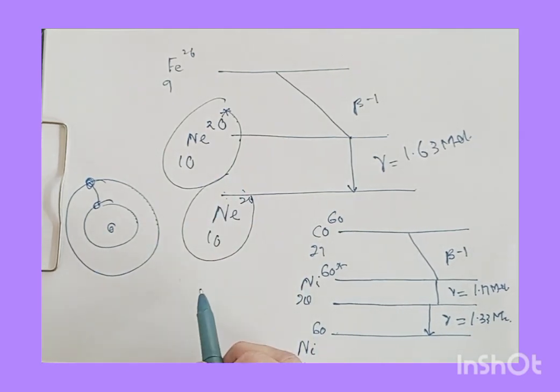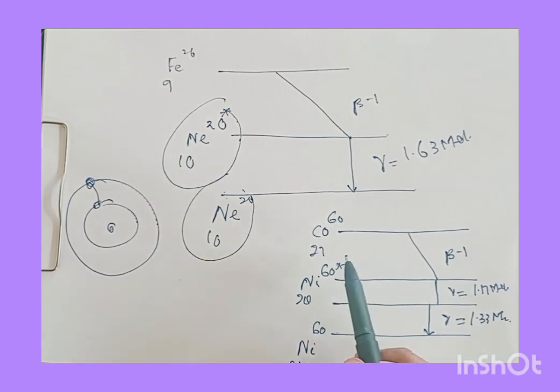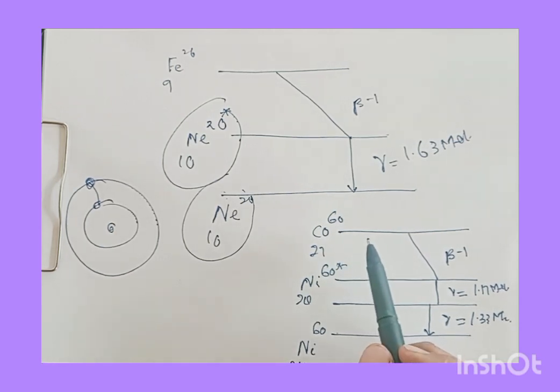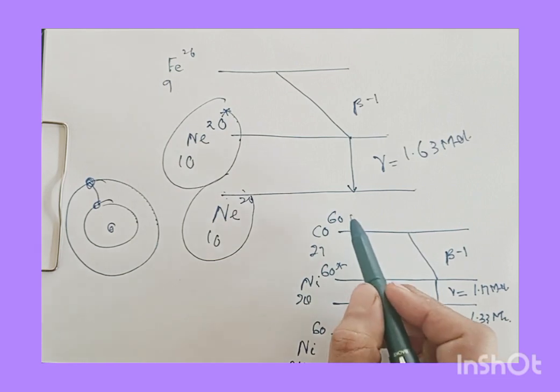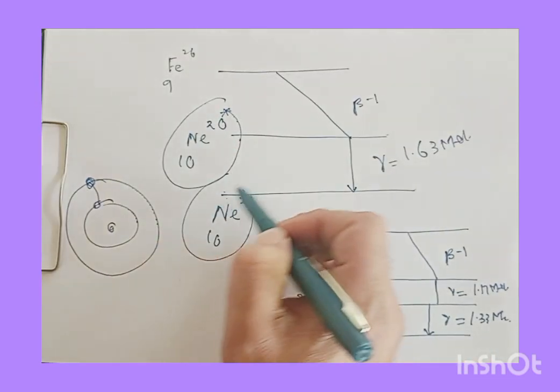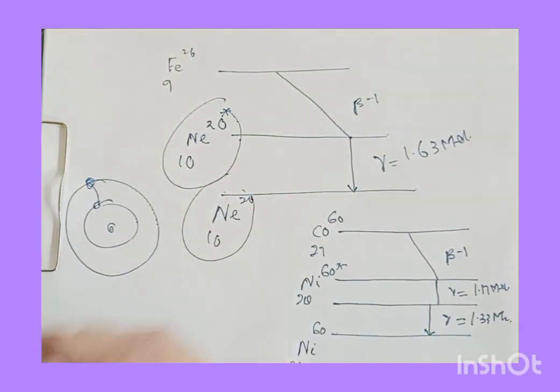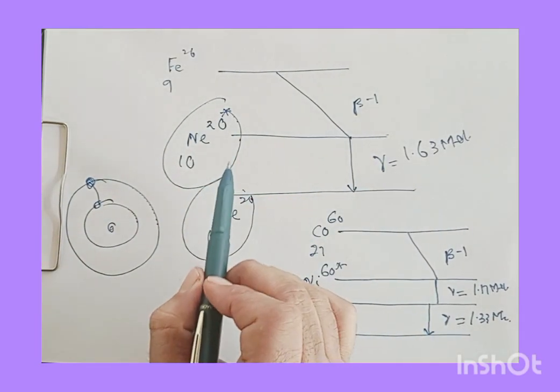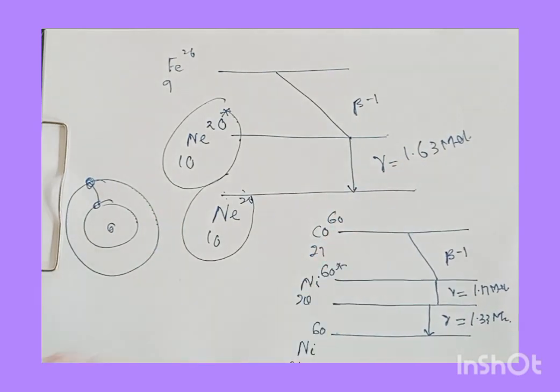And during gamma decay, the atomic number and mass number of the nucleus remain unchanged. There is no change in the atomic number and mass number when it goes from the excited state to the ground state. So with this, I would like to end this video.